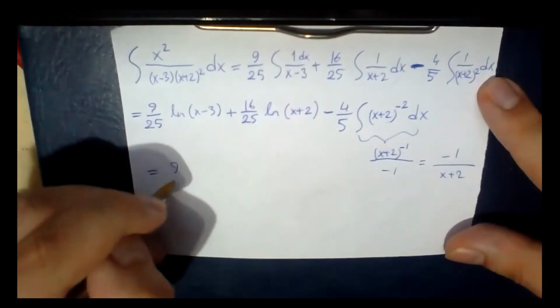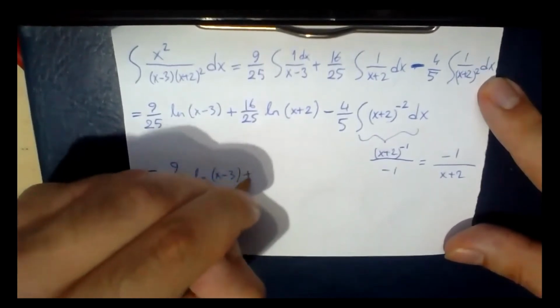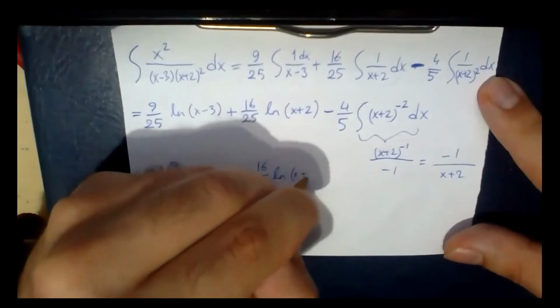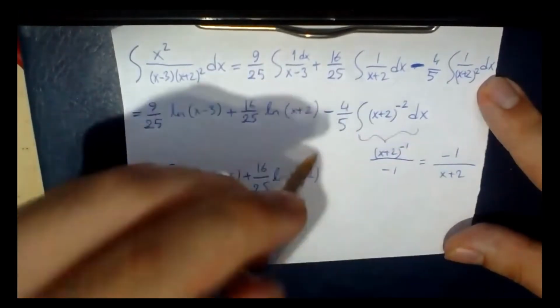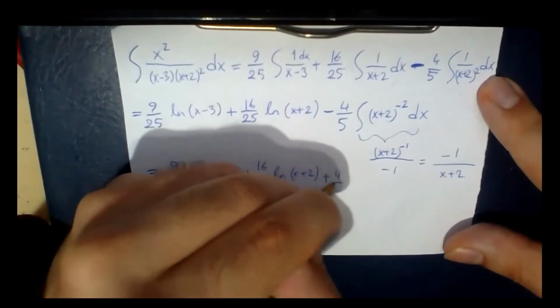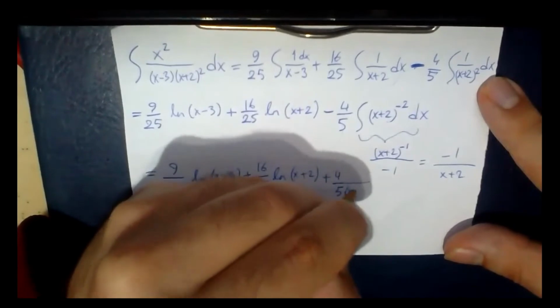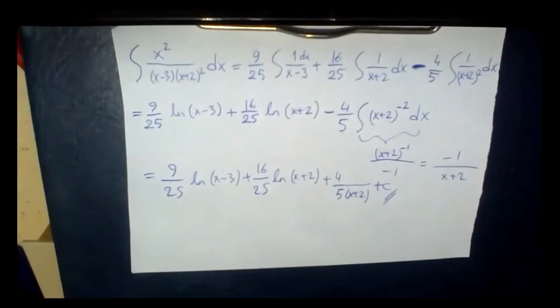So the result will be 9 over 25 times ln of x minus 3 plus 16 over 25 times ln of x plus 2, and minus 4 over 5 times this will be plus 4 over 5 times x plus 2, plus constant c.